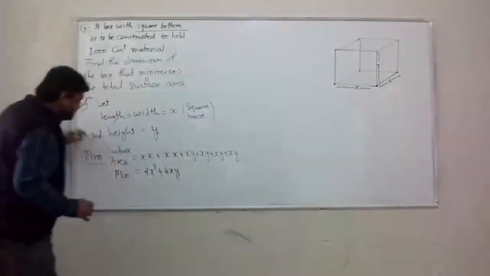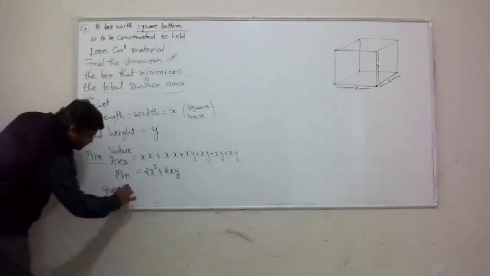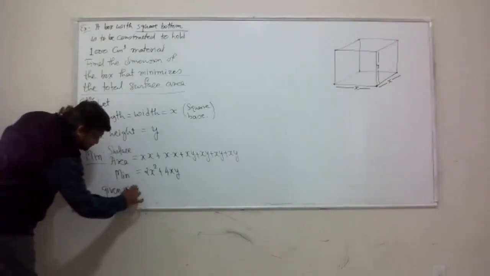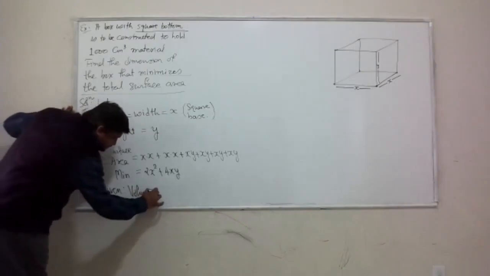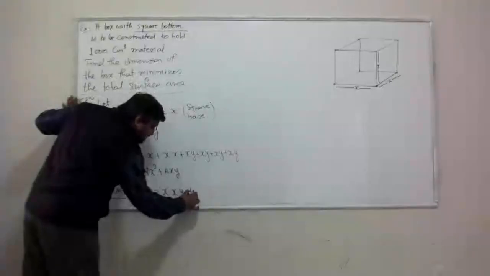All right. So let's write this down. It is given that the volume of the box, which is x times x times y, equal to 1000, right? Or this is same as x squared y equal to 1000.